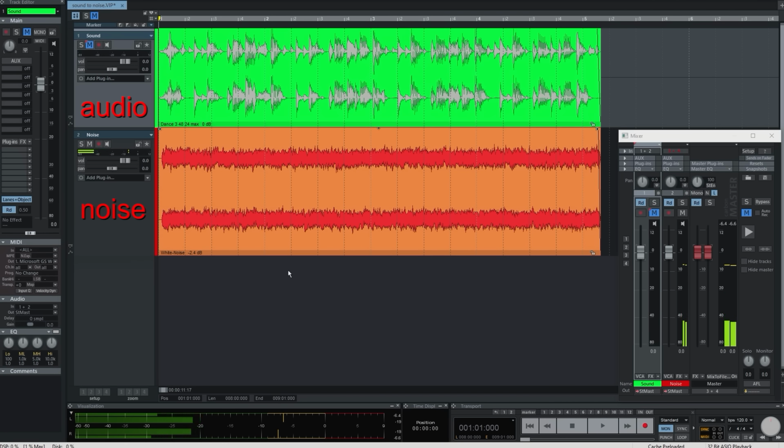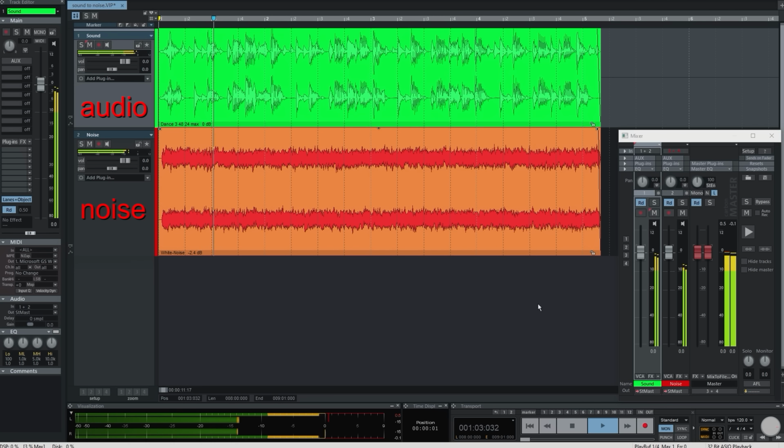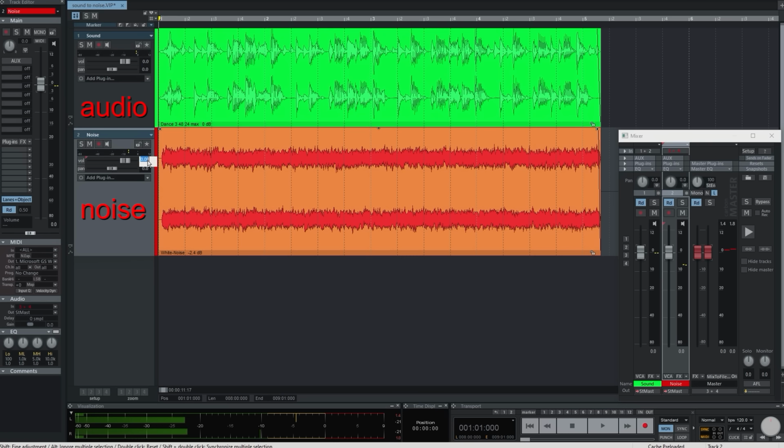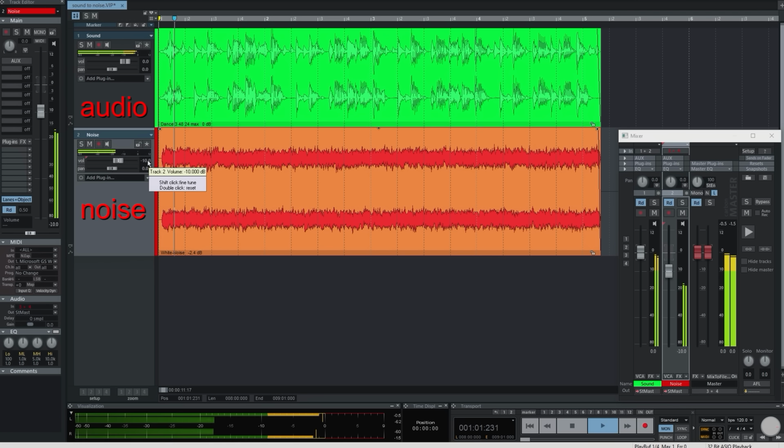If I play both the tracks at equal volume, then that's a sound to noise ratio of 1:1. If I now lower the noise to about half, this will give me a sound to noise ratio of 2:1.